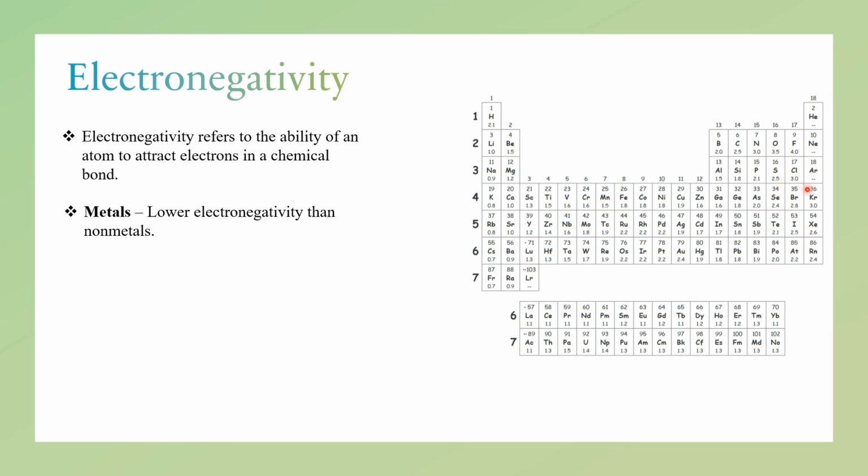Then what is the periodic trend of electronegativity? Electronegativity increases as we move across the period from left to right. The reason is that metallic character is decreasing. Metals are located on the left-hand side, non-metals on the right-hand side.